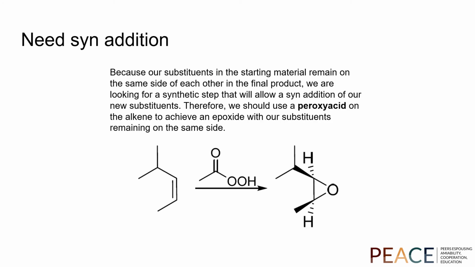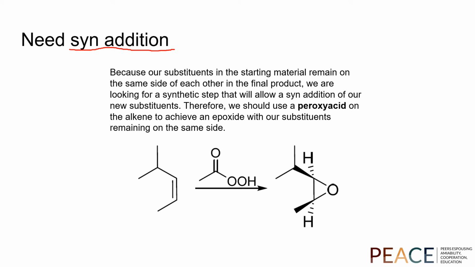Okay, so given that our stereochemistry has been preserved in our final product, we know that we'll need to use a syn addition to our alkene starting material in order to achieve the preserved stereochemistry we saw in the final product.